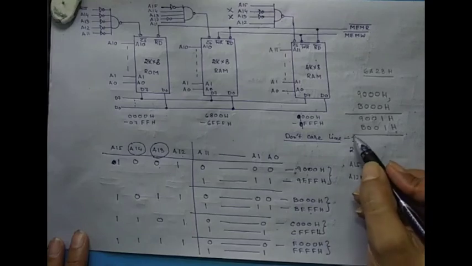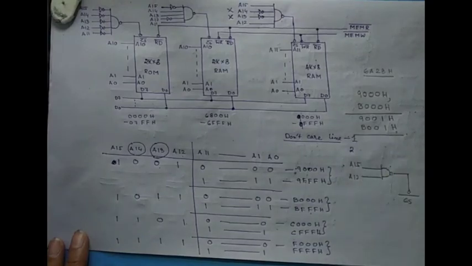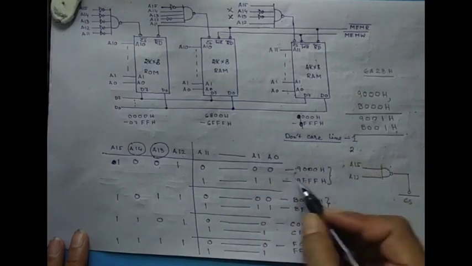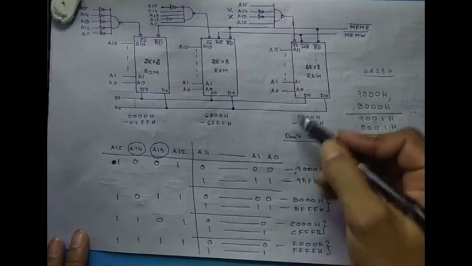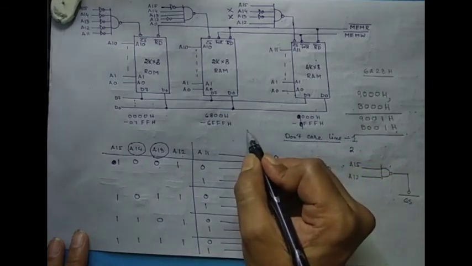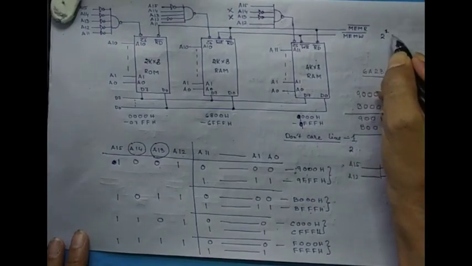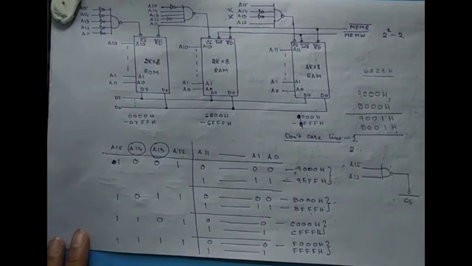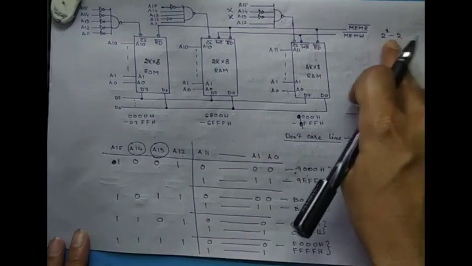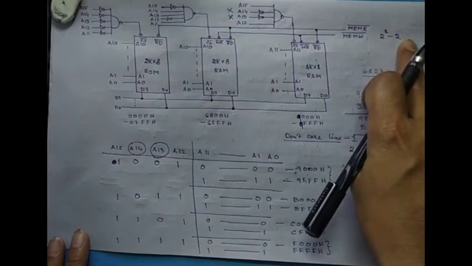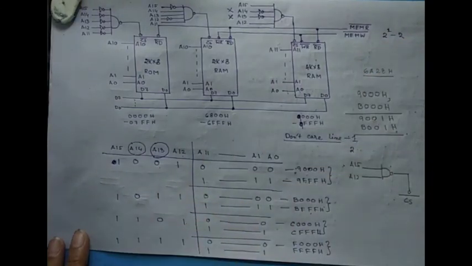So leaving one address line out will give two address ranges assigned to the memory device. Why two address ranges? Because one address line can take 2 to the power 1 or two different possible values, and you have to find out address ranges for both. One is 0, one is 1.